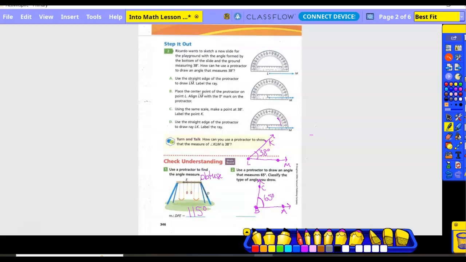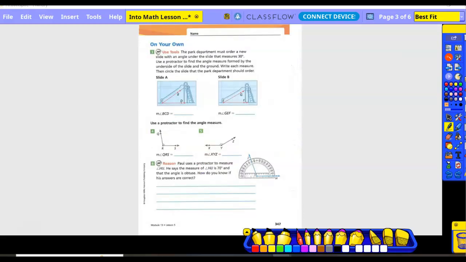We're going to say measure of angle, what's the name of our angle? ABC. Could we have also done it as angle CBA? Yes, just as long as the B is in the center. Equals 65 degrees.